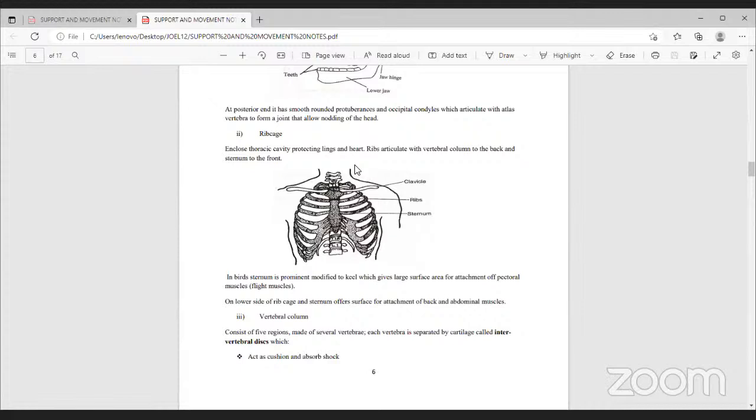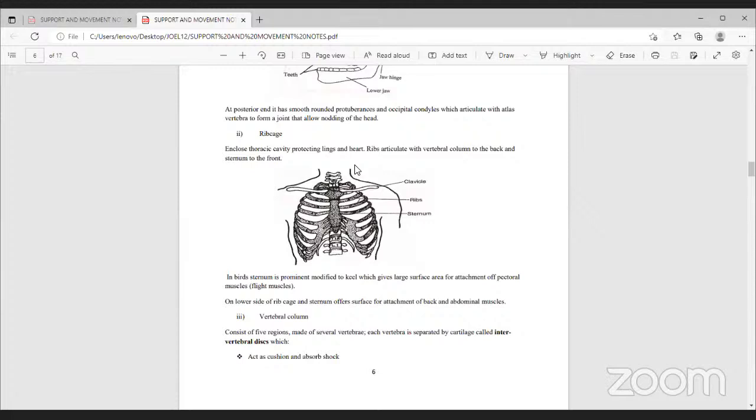So the wings have the types of muscles that we call the flight muscle or the pectoral muscles. Those are normally attached in birds to a modified sternum that we call the keel.